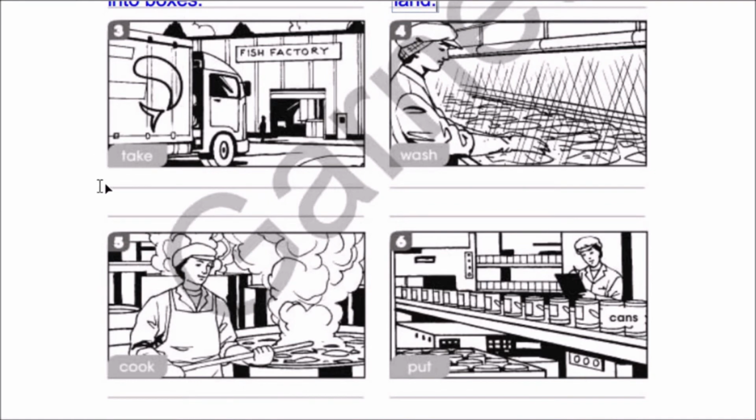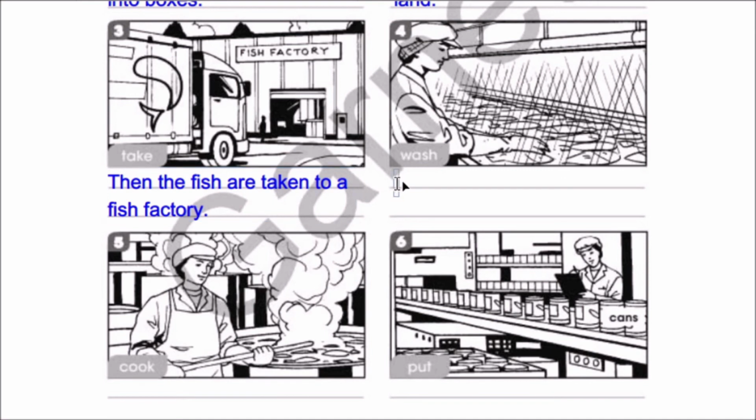We have take, so we say then the fish are taken to a fish factory. Very good. Number 4, we have wash.